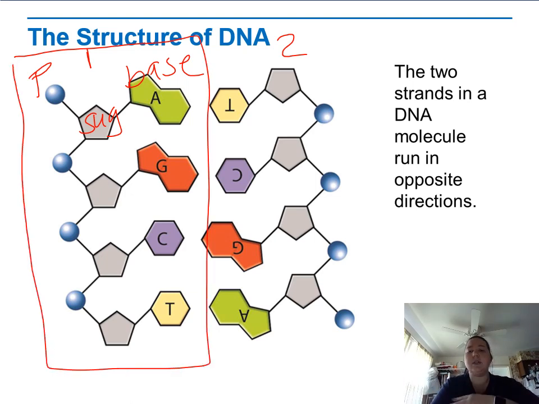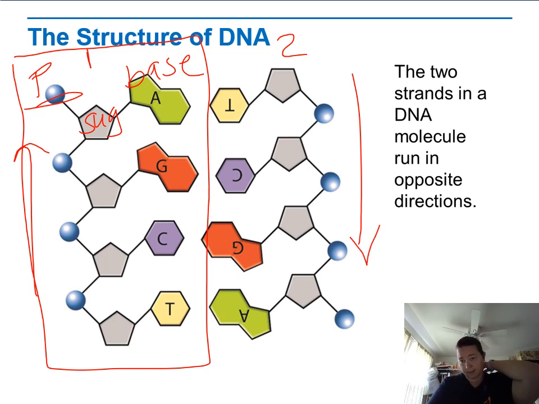So DNA is two of these strands put together, but what you notice here is the other strand is actually upside down. So if we were to think about the phosphate group being the top, all right, the one side is right side up, but the other side is actually upside down.